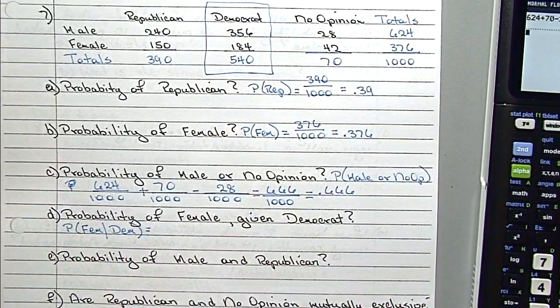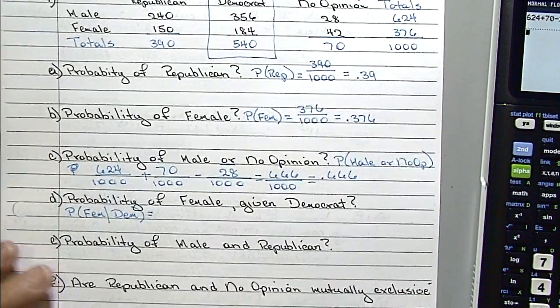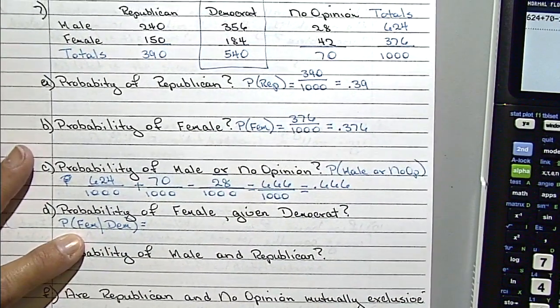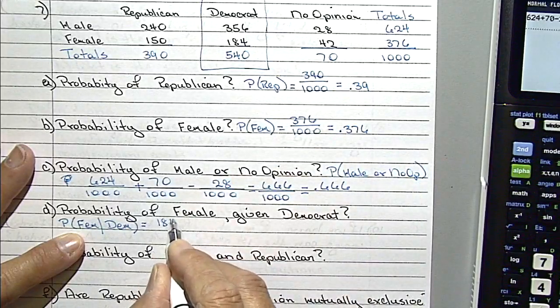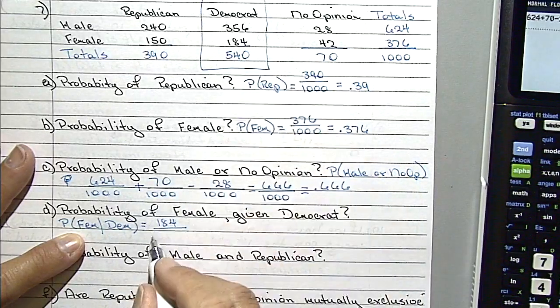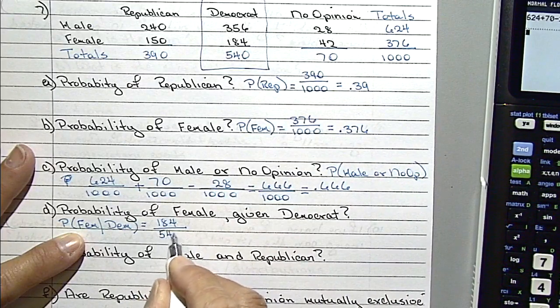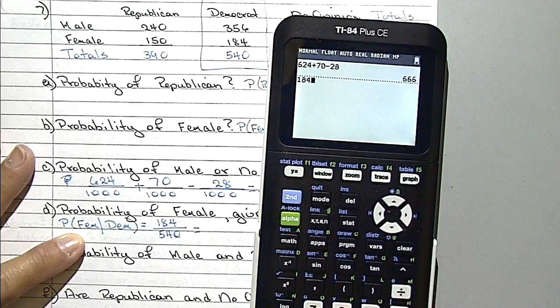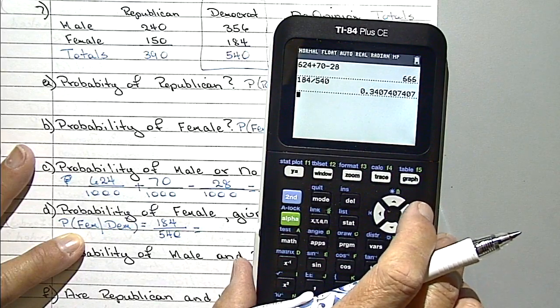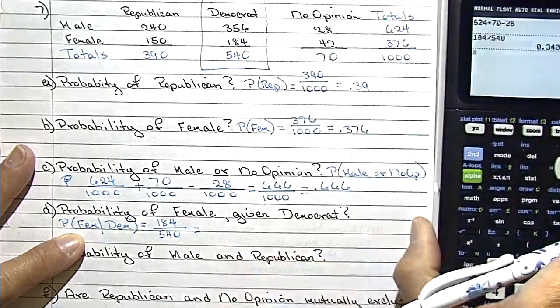Rest of the table can just disappear. So then I look at my question again. Probability of female inside there is 184 over what total? Well, the only total that I'm allowed to look at is inside the Democrats. So I do 184 divided by 540, and I come up with 0.3407, right?